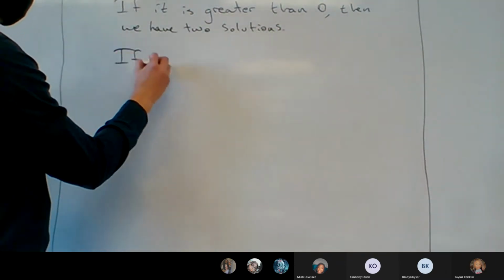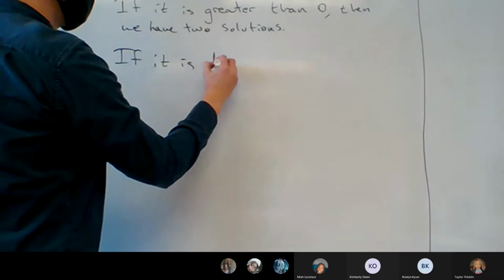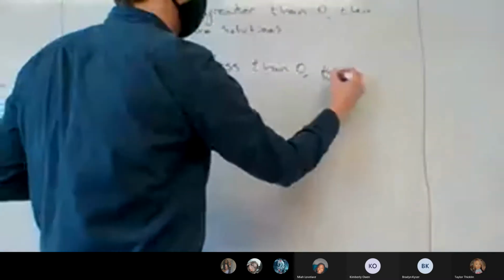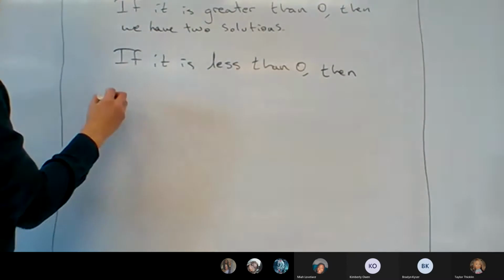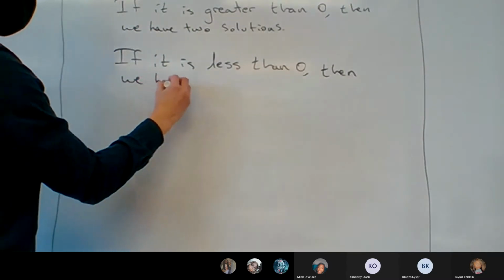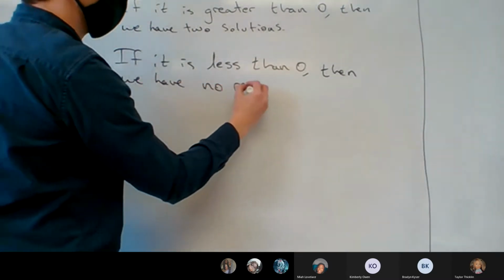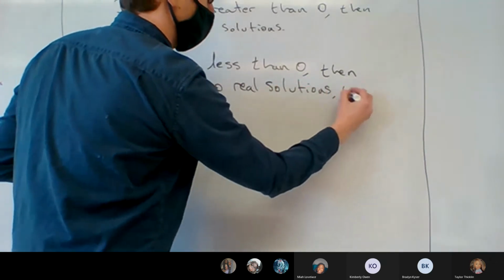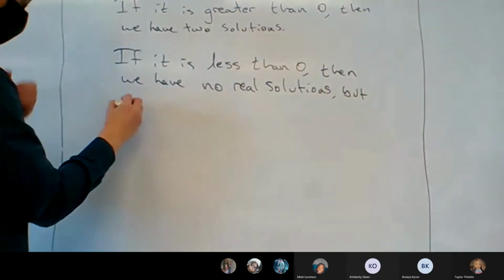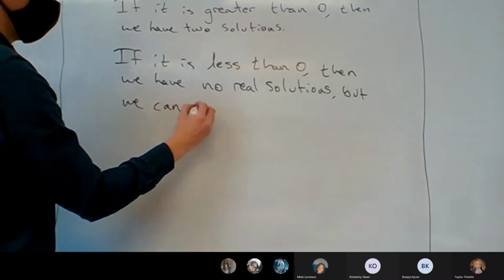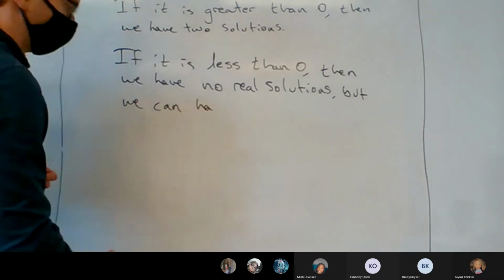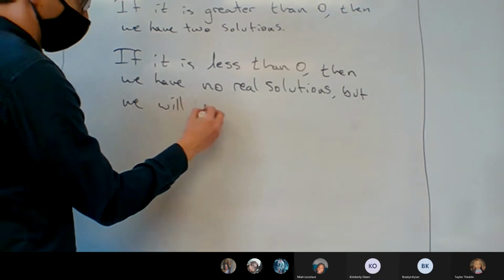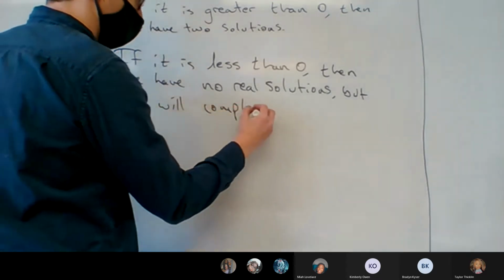Now, what if it is less than 0? Then we have no real solutions, but we will have complex solutions.